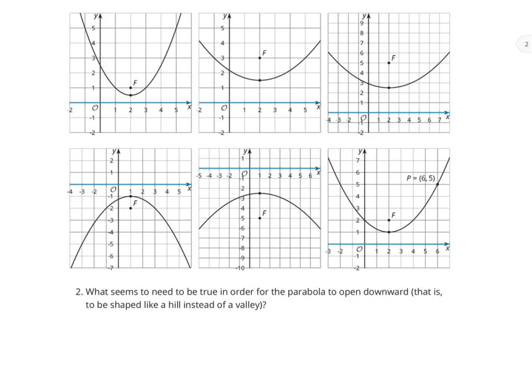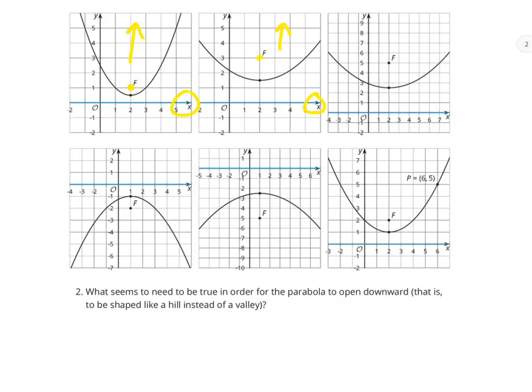So in this problem, next question, it says, what seems to be true in order for the parabola to open downward? So now we're not talking about wide or narrow, we're talking about how these are downward. So let's take a look at what's going on in the pictures again in a different way. Instead of lengths, I'm just going to be concentrating on the focus and the directrix. In this problem here, you can see the focus is up here above the directrix, and the parabola opens up.